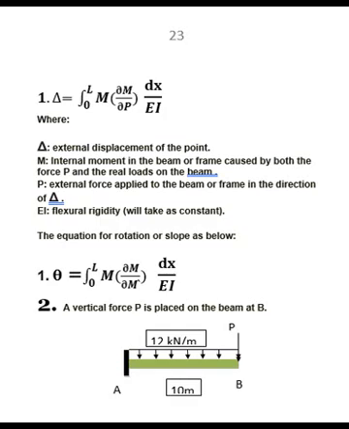Step 2. A vertical force P is placed on the beam at the point B as shown below.